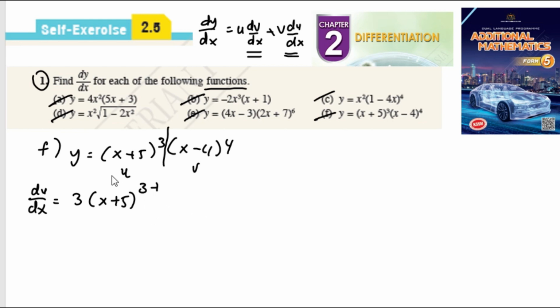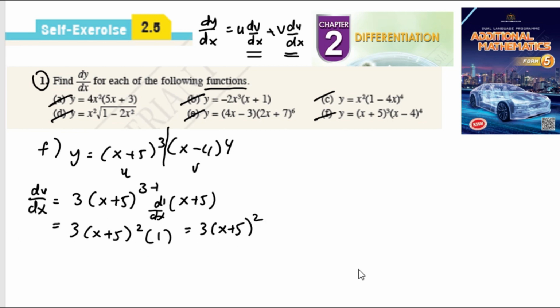And then you differentiate what is inside the bracket. So d over dx of x plus 5, x will become 1, 5 will become 0, so just 1. So you get 3 times x plus 5 to the power of 2.